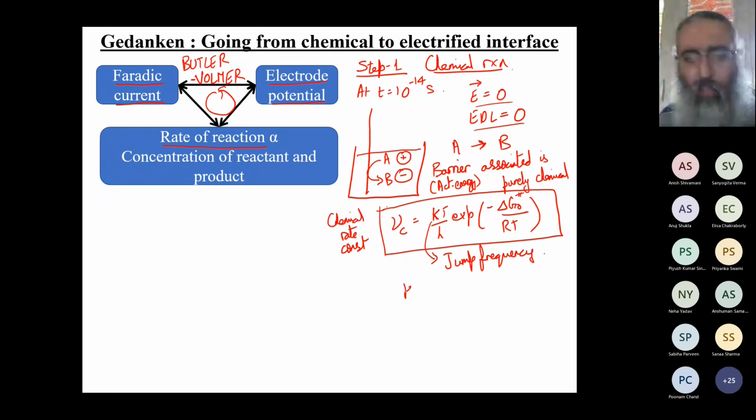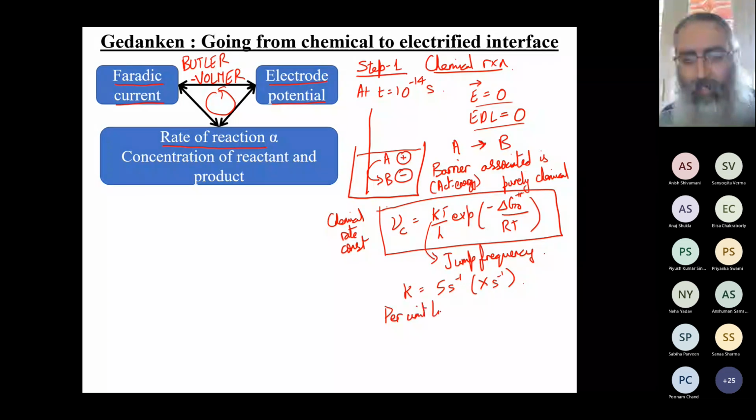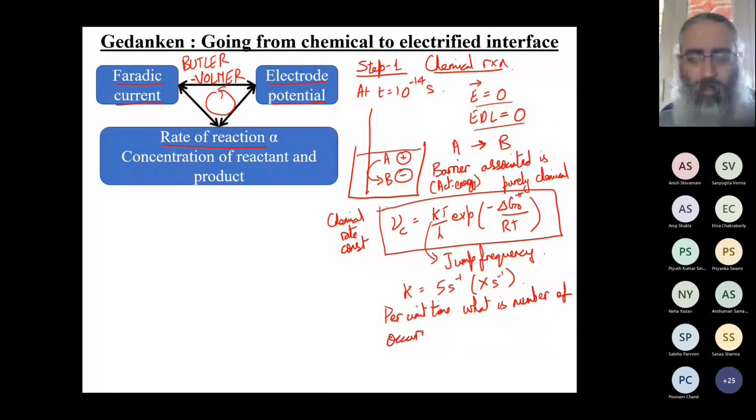Say for example, if you say that the chemical kinetic rate constant is say 5 per second, or in general x per second, what it means is that per unit time, that is in this case 1 second, what is the number of occurrences of the jump. What is the jump referred to?